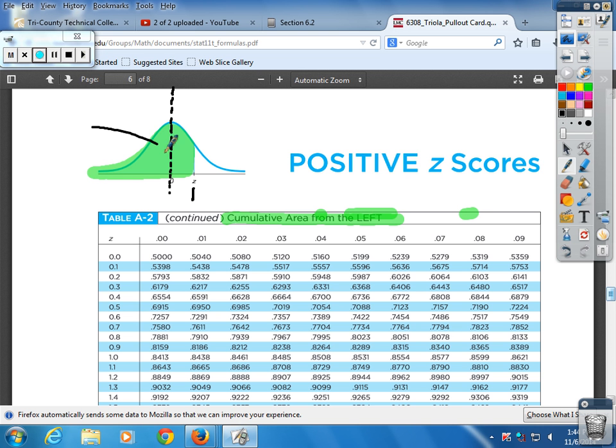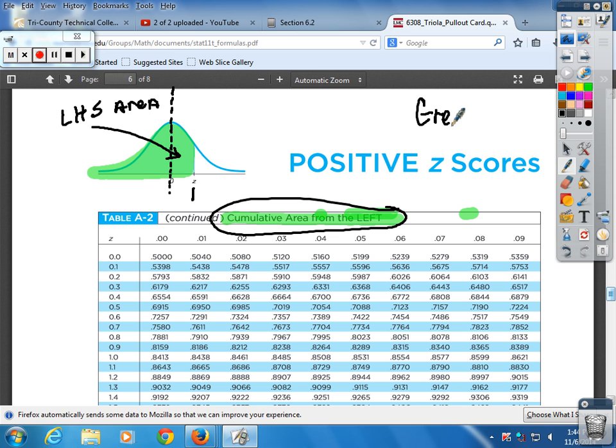The left-hand side is no problem to get, because the card reads from which side? The left-hand side. But what if the question asks, what is the area greater than? What side is greater than? The right-hand side is greater than.